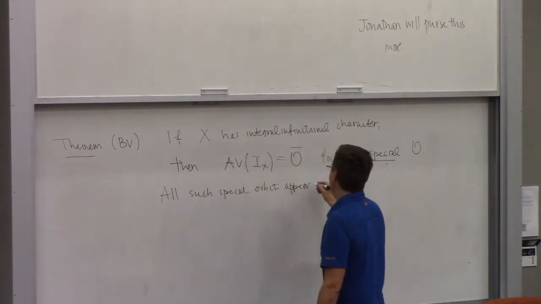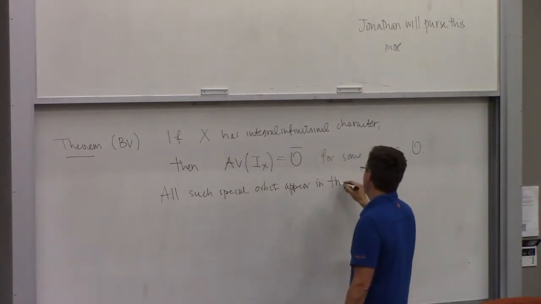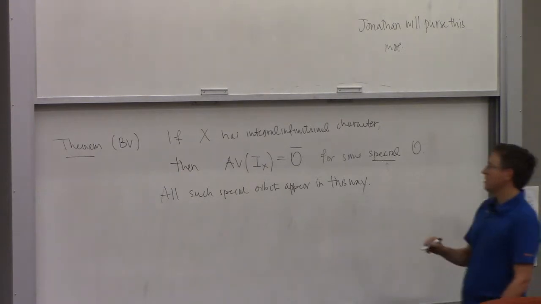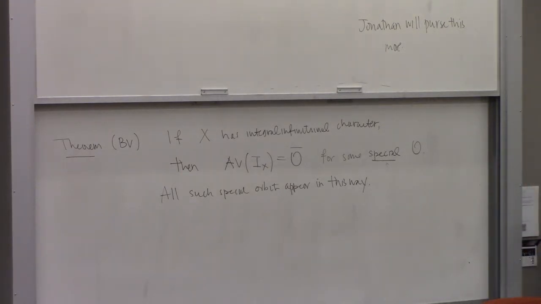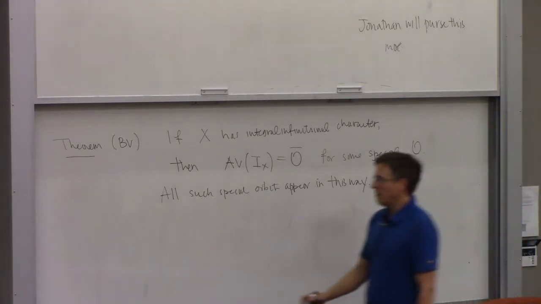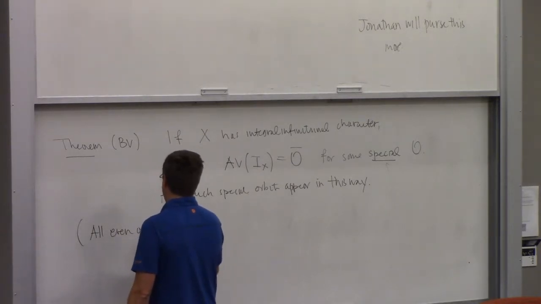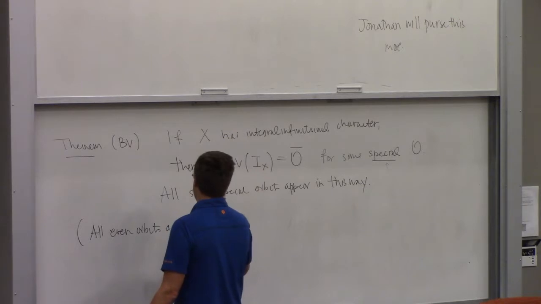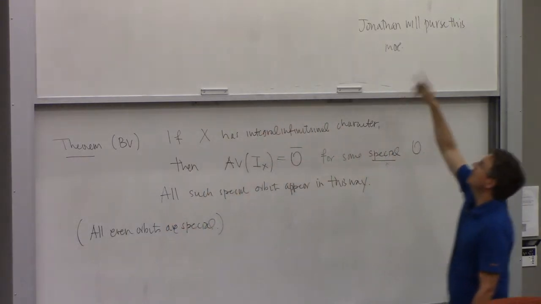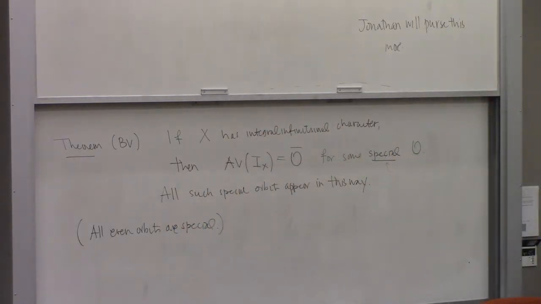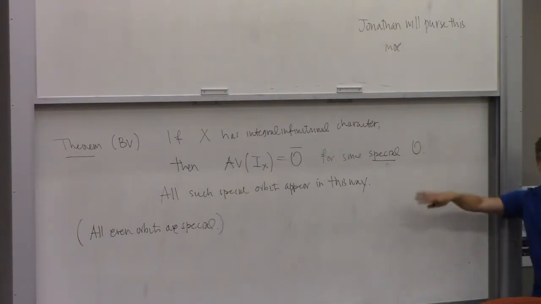So if you didn't know the definition of special before, you could take this as a definition. If you knew another technical definition of special, then this would connect these invariants with that definition. And I should say that all even orbits are special. So this idea works perfectly for parameterizing the K-forms of an even orbit, because these are orbits that appear in this construction.